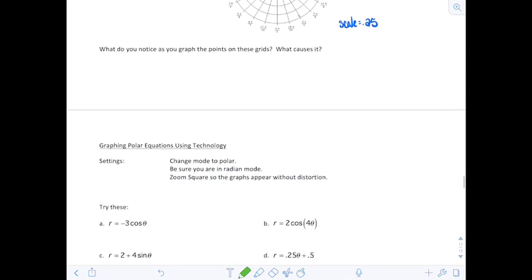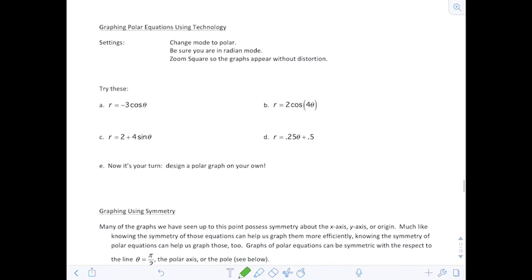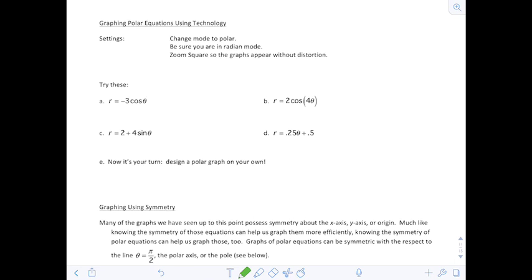Okay, so now I want to make sure that you, as you're watching this video, if you haven't done so already, get your calculator, and now we're going to see some of the cool things that your calculators will do when you're in polar mode with some of these graphs. It's really pretty neat. So when you go to your calculator, first of all, change the mode to polar mode.